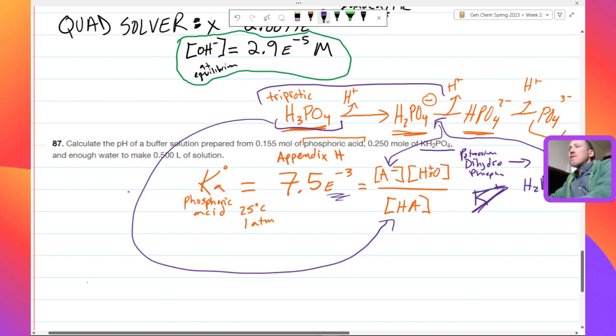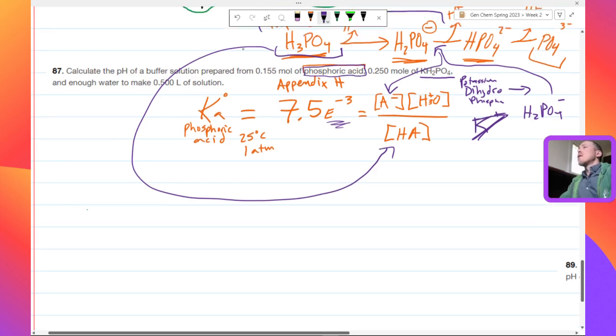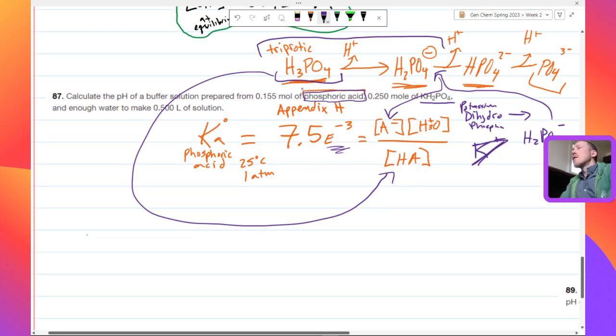Part of what this question is all about is that we have to do a little bit more interpretation of the question, because we had to piece together that phosphoric acid was H3PO4. I mean, it wasn't that hard, but we had to do that. And you would have had to look up this number if you weren't given it. Otherwise, you can't do this. You would have had to find the Ka of phosphoric acid in order to do this.